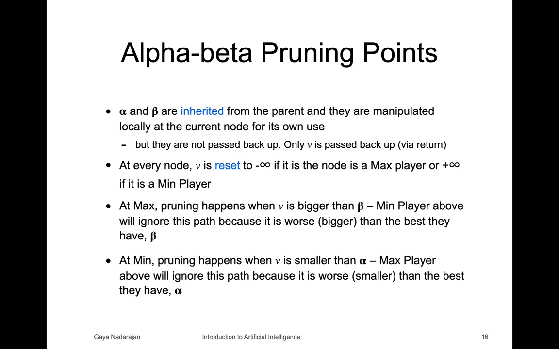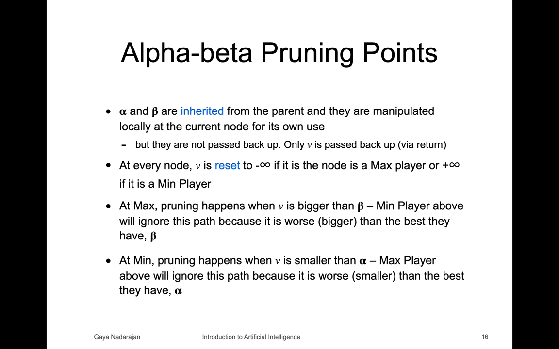It is worse for that min player to take this option because this particular value, V, is bigger than the best minimum value that they have, which is beta. That is the logic behind it. If you don't look at the math, that's the explanation of the math.